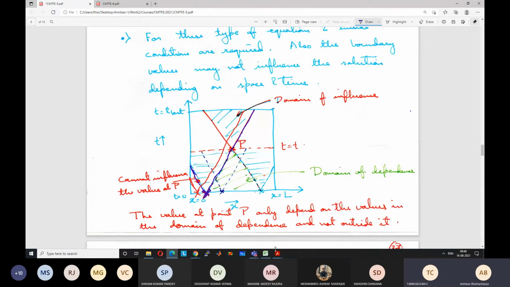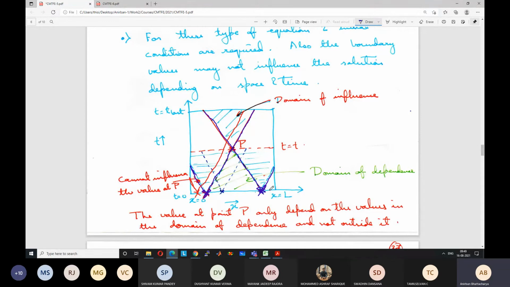No, it cannot influence, because this is the limiting point at which the line is passing through P. For any point on the left side, the line will be on the left side of P, so P will be outside the domain of influence. Similarly, on the right side, if I consider the limiting point, on the right direction this is the line, and on the left direction this is the line passing through P. This is the domain of influence of this perturbation.